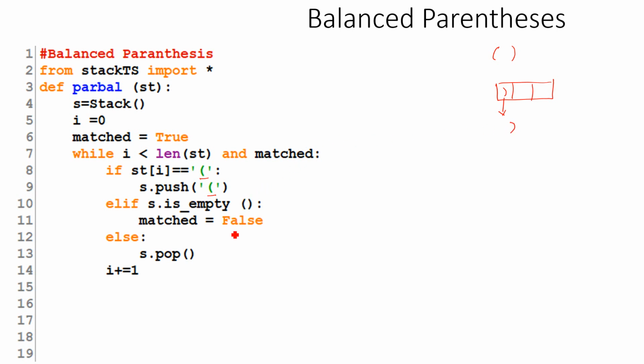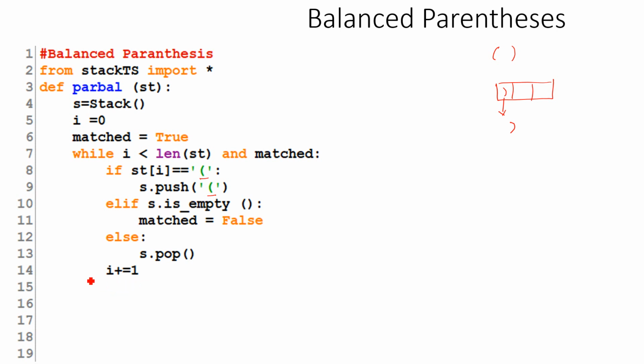Before we pop, we ensure that the stack is not empty. If the stack is empty, there is nothing to check, so we set match equal to false, and the execution is immediately terminated. Otherwise, we continue to execute the loop with the increment of i.